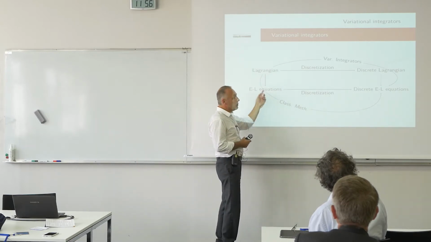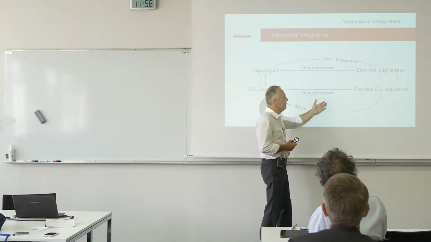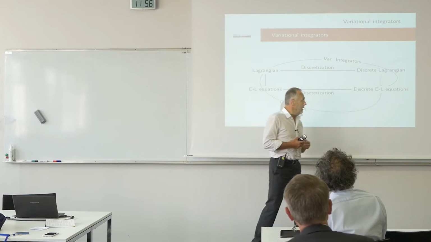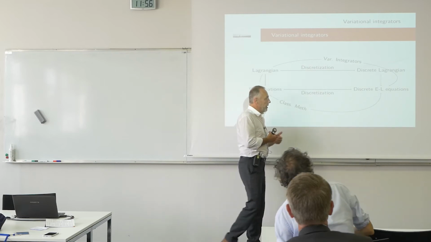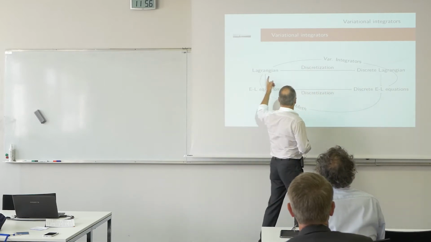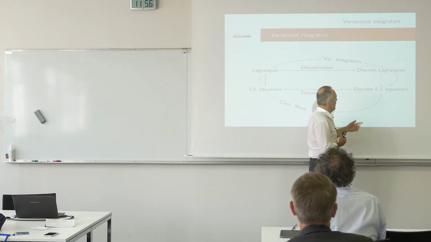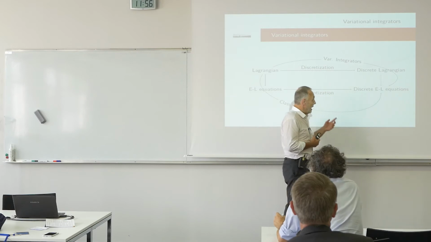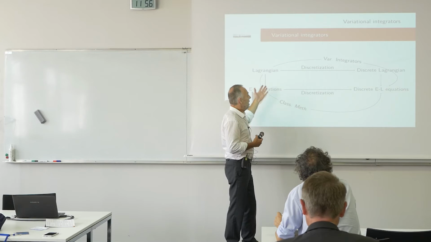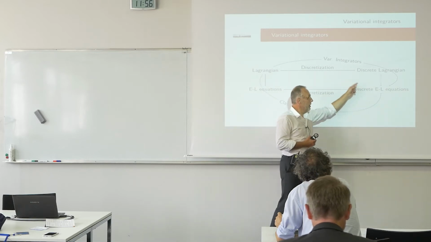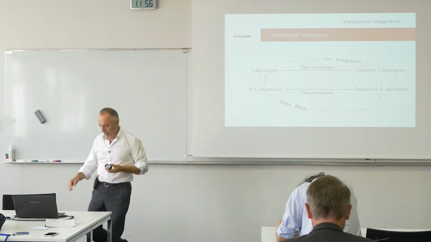You obtain the continuous Euler-Lagrange equations of motion, then you discretize them to obtain a sort of numerical algorithm. So the idea is to first discretize the Lagrangian, then to obtain the discrete Euler-Lagrange equations. And this time, if you have symmetries, Noether's theorems can still be obtained in this way, but not obligatorily in the other way.